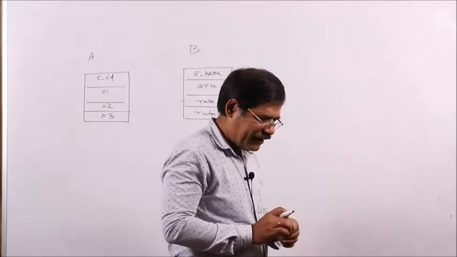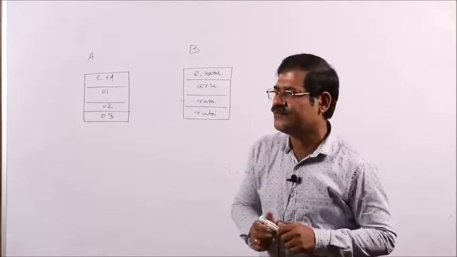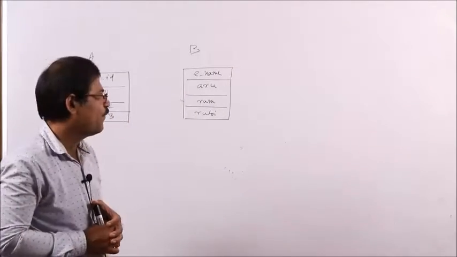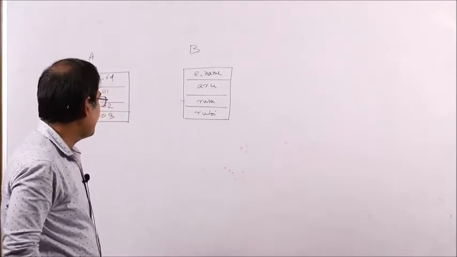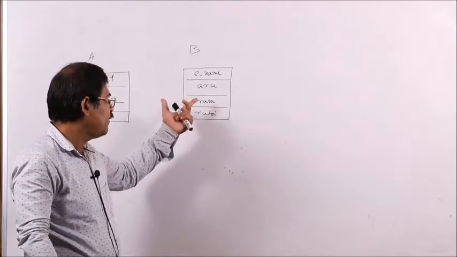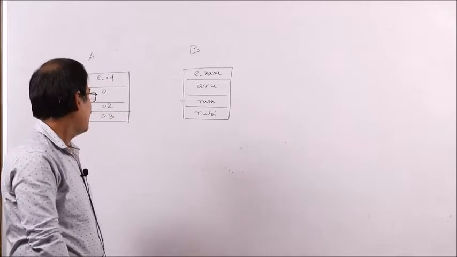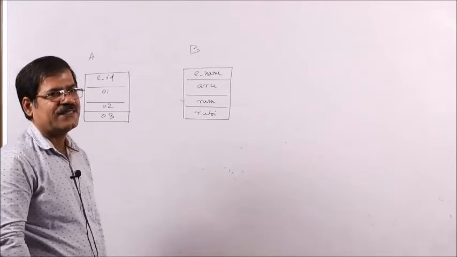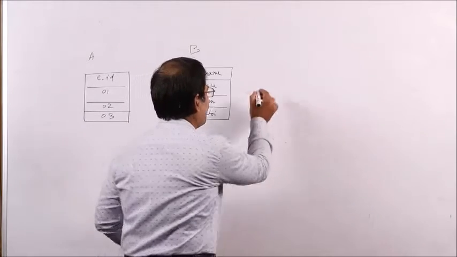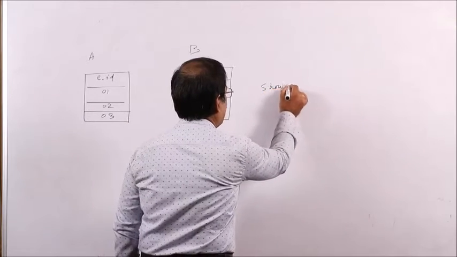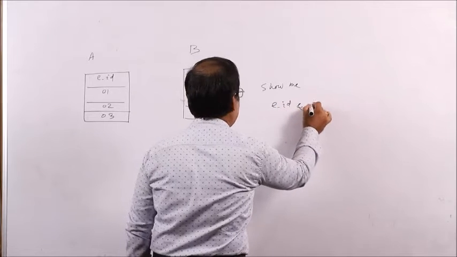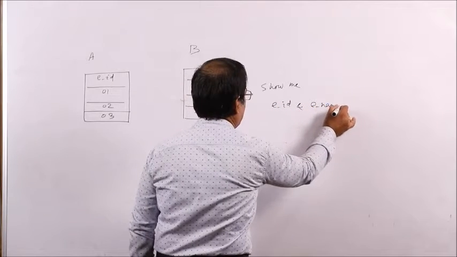When we do the Cartesian product, that means we have to retrieve the data of two tables. Suppose my requirement is to display the employee ID with the name. E name is present in the second table and E ID is present in the first table. So, my requirement is to show me employee ID and employee name.